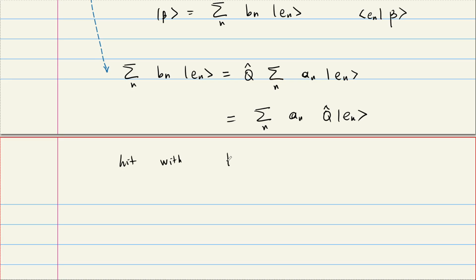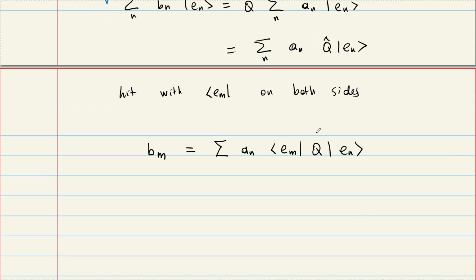Hit with e_m on both sides. Then on the left hand side, I have <e_m|e_n>, which is orthonormal, and it's going to give me a Dirac delta, and the delta is going to cancel the summation. At the end, I'm going to have b_m equal to, on the right hand side, the sum of a_n, <e_m|Q|e_n>.